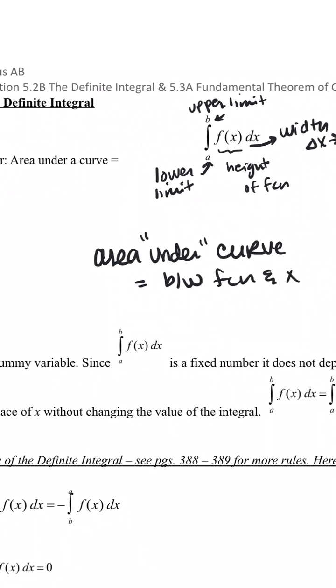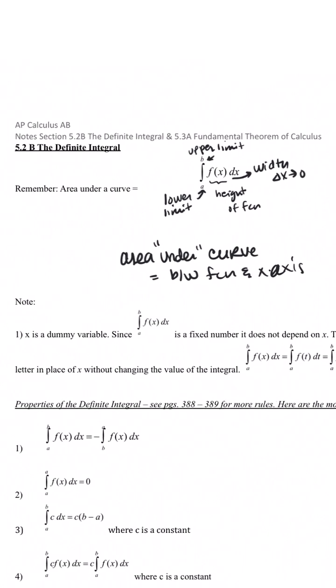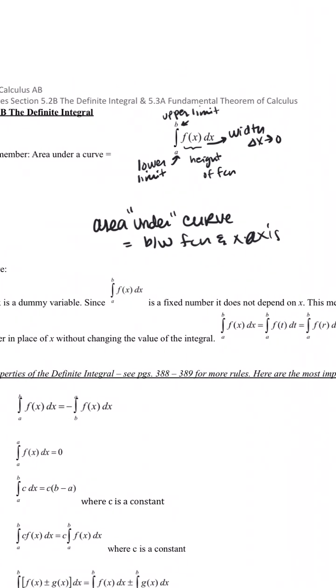And what we talked about last time as well was that we can have areas or integrals that are positive, and integrals that are negative. Depends on where they are. Now here's a little something. It says x is a dummy variable.